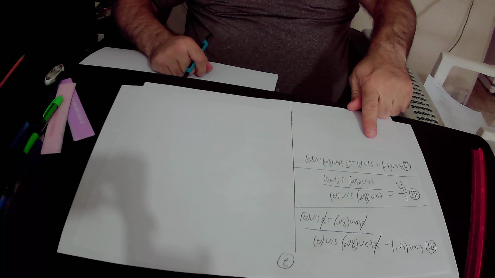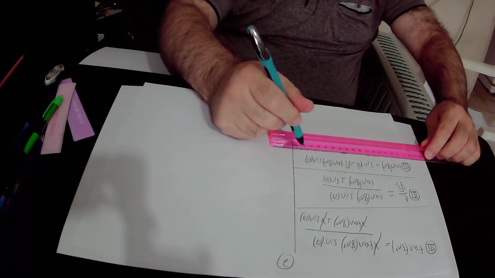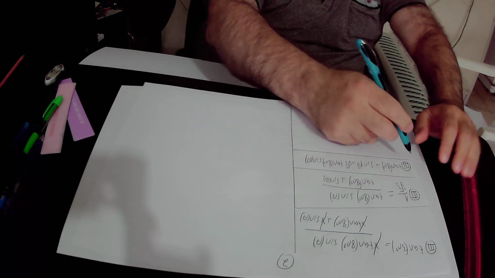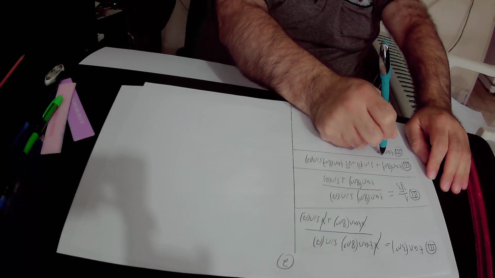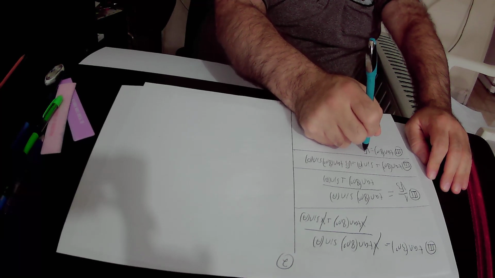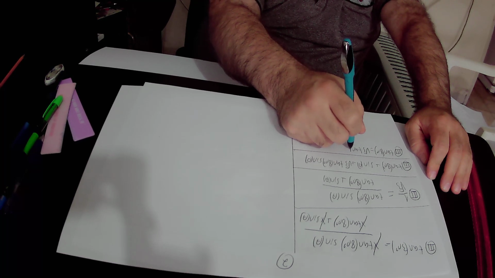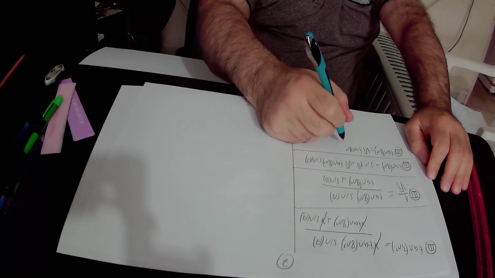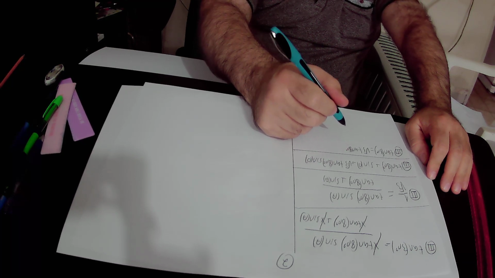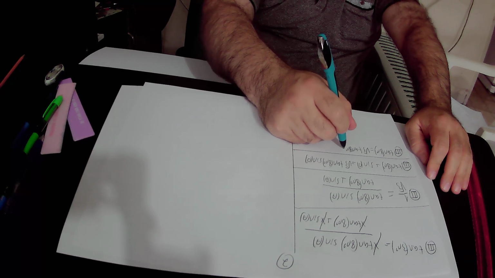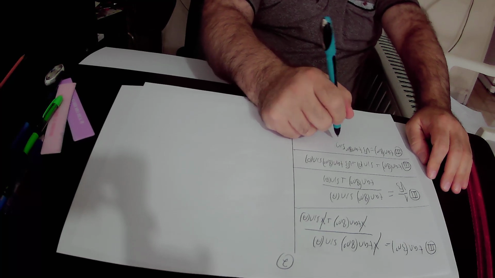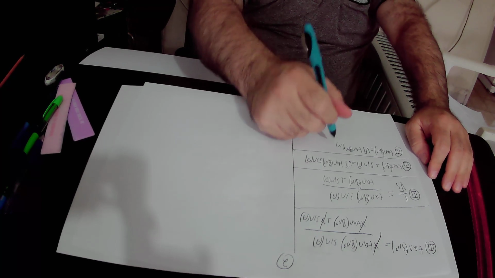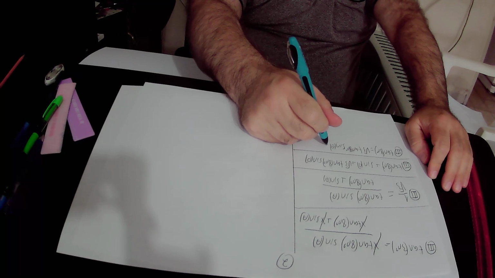Here we will subtract sine theta from this equation, and we will get that tangent 80 degrees equals square root of 3 tangent 80 degrees sine theta minus sine theta, because we subtracted sine theta.